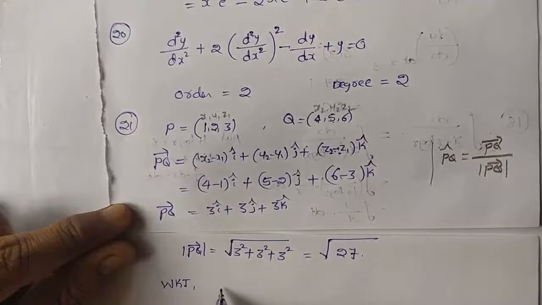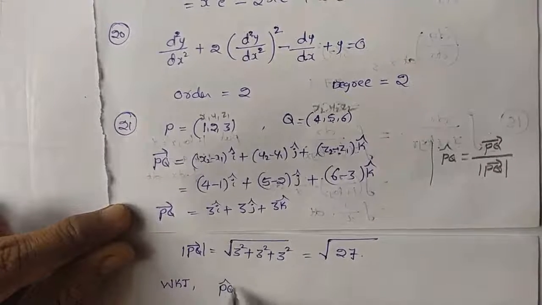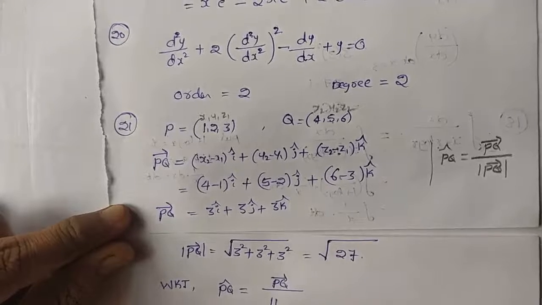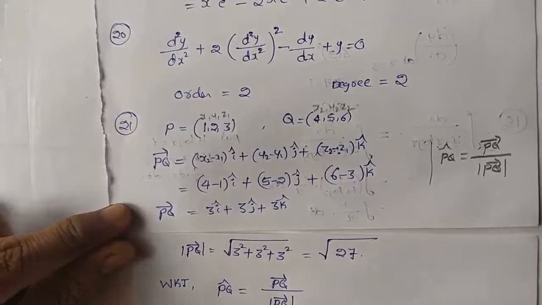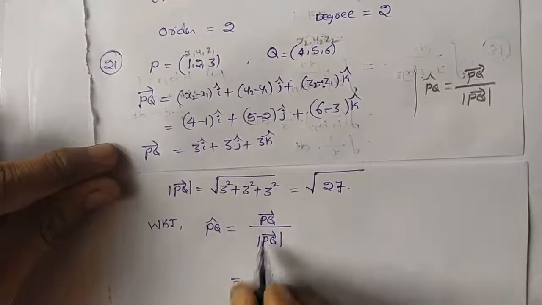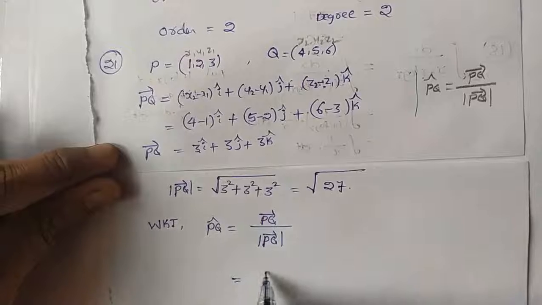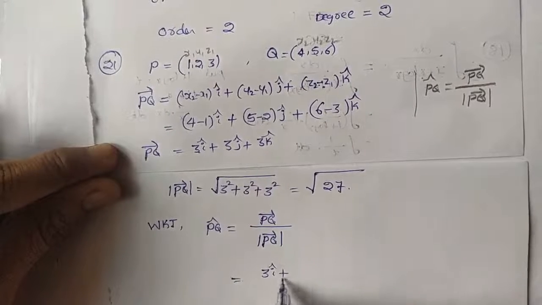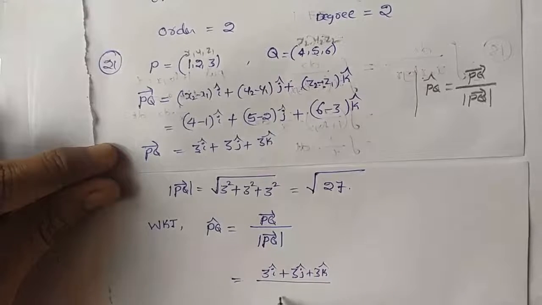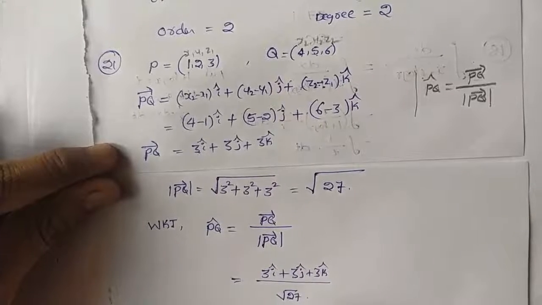PQ cap equals PQ vector divided by magnitude of PQ vector, that is 3i plus 3j plus 3k whole divided by root 27.